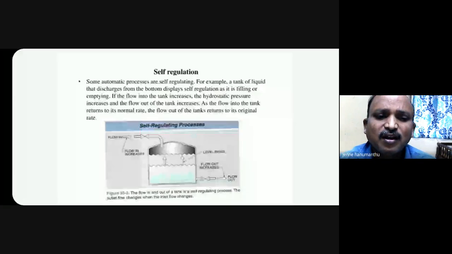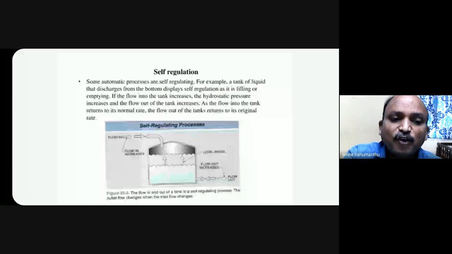How can you decrease the water level in the tank? If the input flow rate is high compared to output flow rate, water level increases.